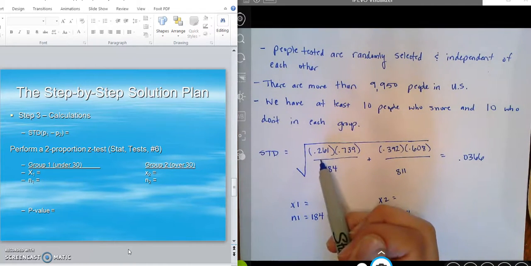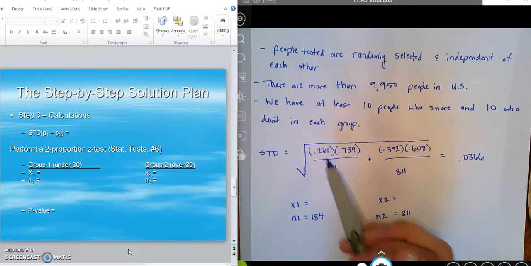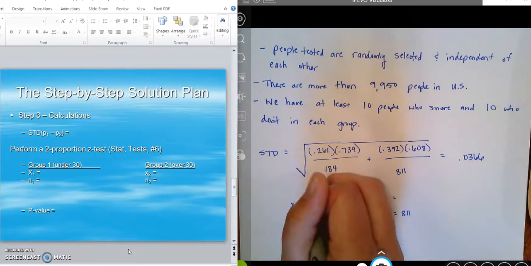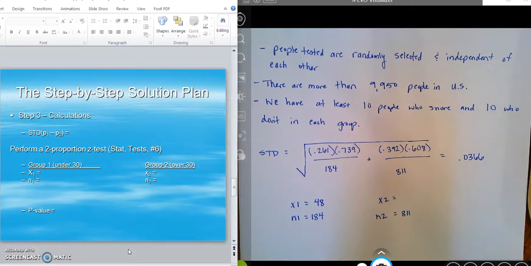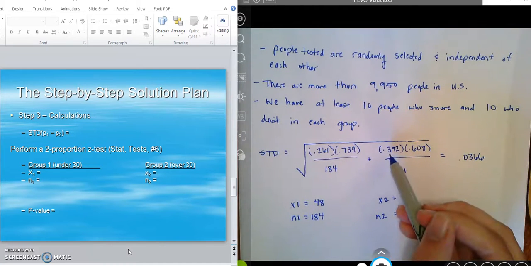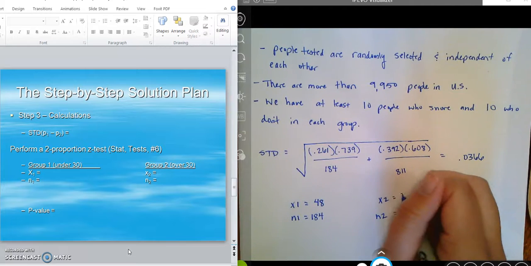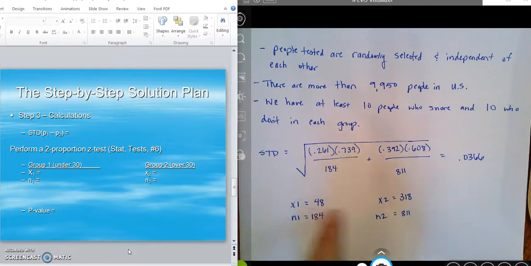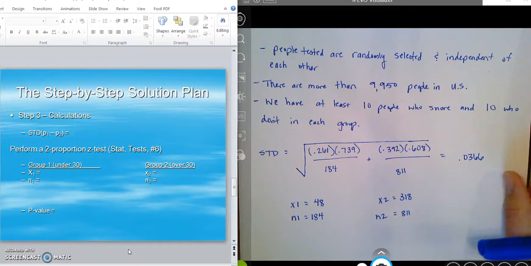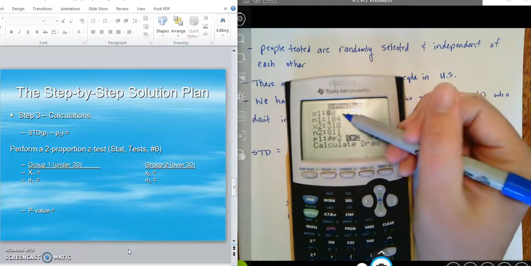It gave me the percent, 26.1%. So I need 26.1% of 184. That's 48. And here, I need 39.2% of 811. That is 318. So when you put this in the calculator, you need the actual number of people, not the percent. It will give you an error if you do this wrong. So here's all my values.